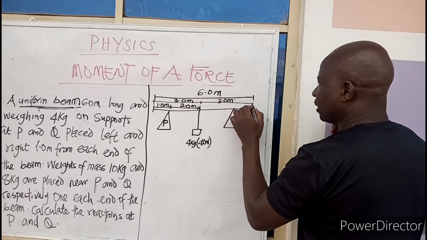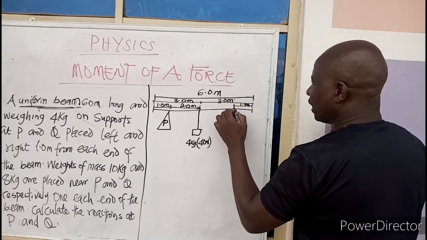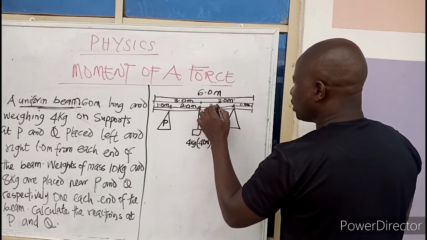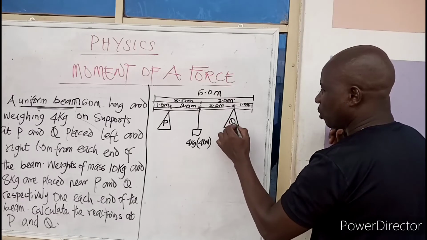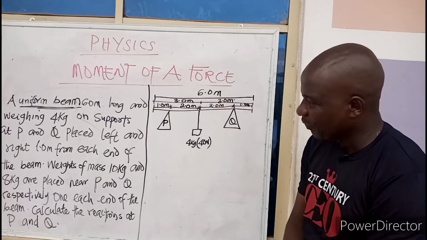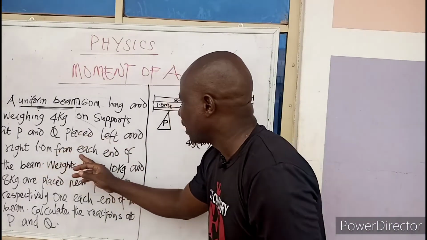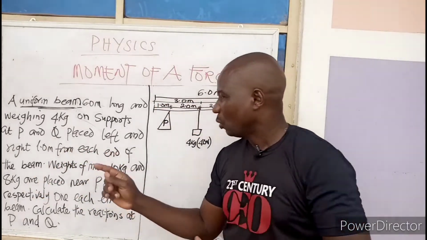They say from here to here is 1.0 meters. Definitely from here to here too is going to be 2.0 meters. Not 20, 2.0 meters. And this one is going to be our Q. Good. We are moving. So it means placed left and right 1.0 meter from each end of the beam. We are done. We go to the next one.